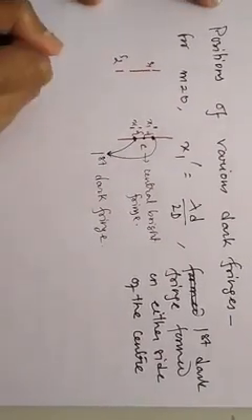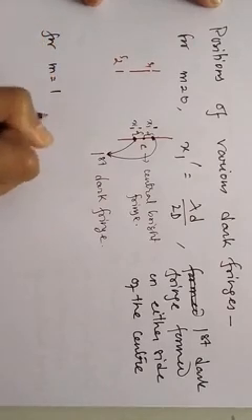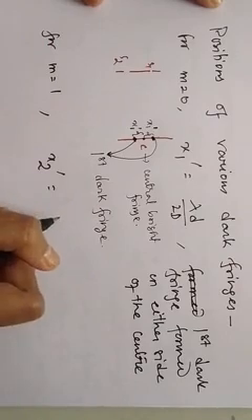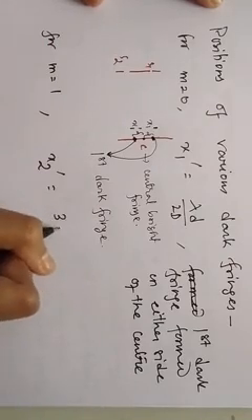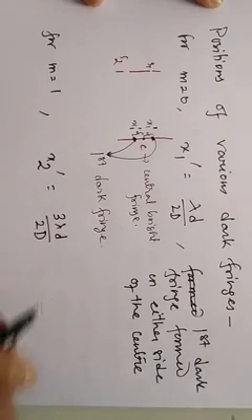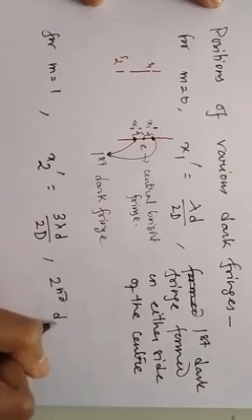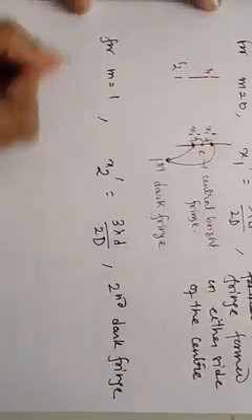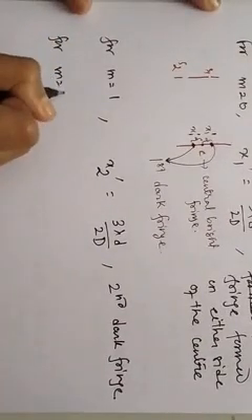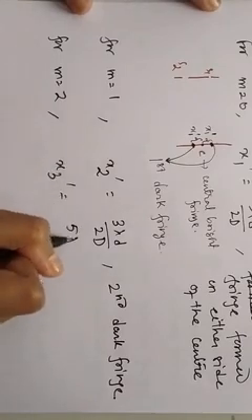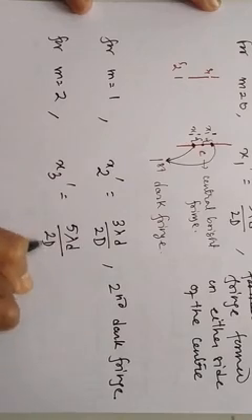Now for m equals 1, we will get the second dark fringe x2 prime, which will be 3 lambda D by 2d. Okay, this is the second dark fringe. Then again for m equals 2, we will get the third dark fringe, which will be 5 lambda D by 2d.